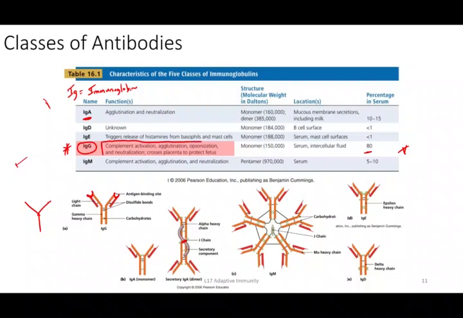Not every immunoglobulin has all the functions, but IgG is pretty good at doing everything that antibodies can do. So rather than learning the functions of each individual one, if we understand that IgG is the most abundant and can carry out all of the important processes we're interested in, then that's a good one to focus on. That's indeed what we're going to do.